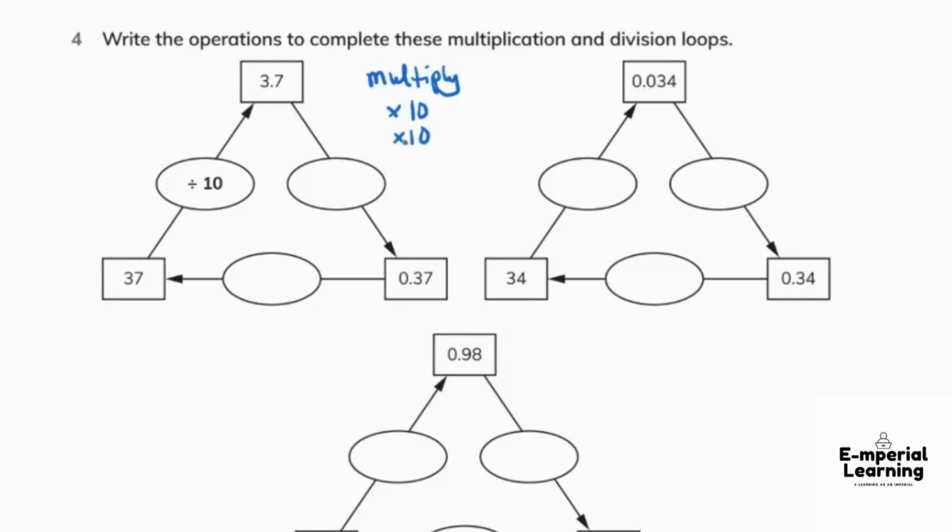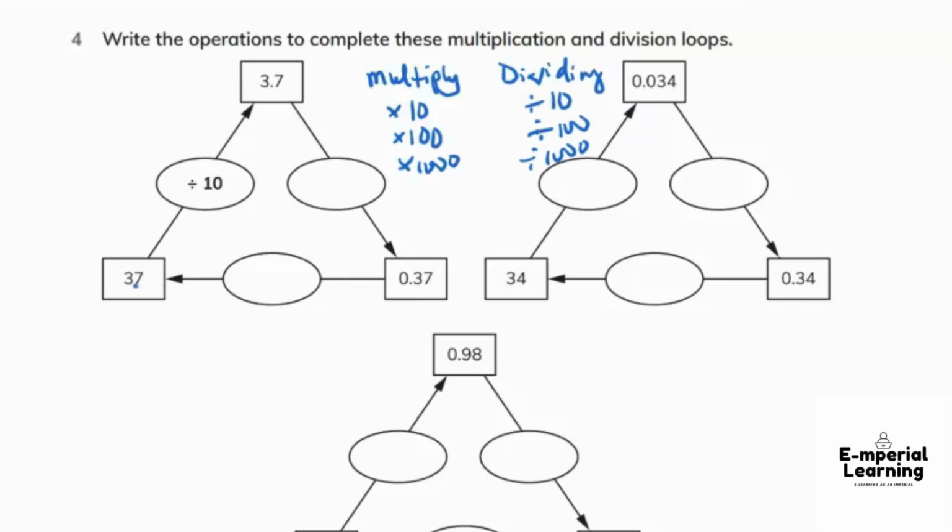Multiplying with 100, the decimal point moves 2 times to the right. And multiplying by 1,000, the decimal point moves 3 times to the right. When dividing, the decimal point moves to the left. When dividing by 10, it moves once to the left. When dividing by 100, you move 2 times to the left, and when dividing by 1,000, you move 3 times to the left.